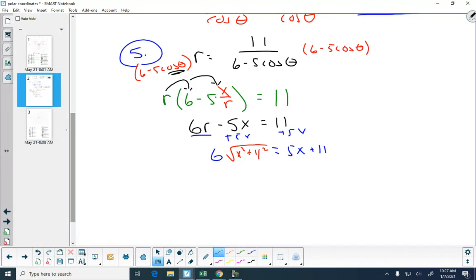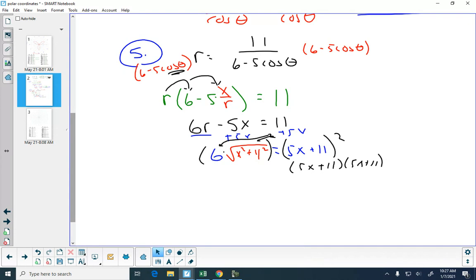Our final step with this was the ugly, messy step, where we squared both sides. Over here we can distribute. Over here we have to FOIL. So one side you distribute, the second side we FOIL.